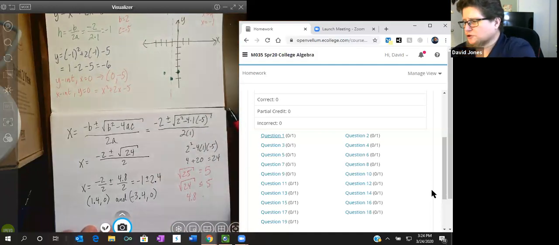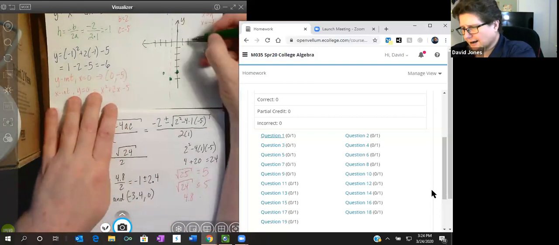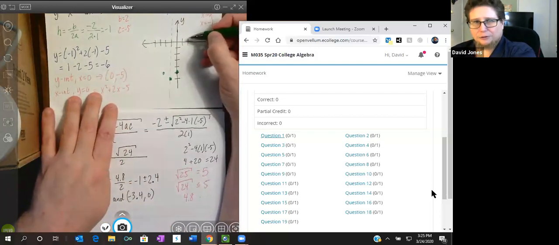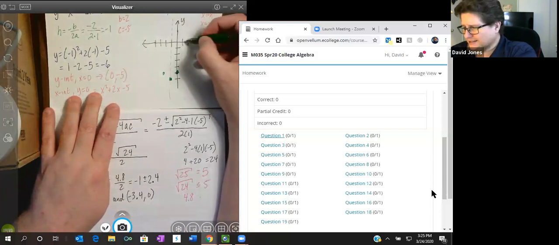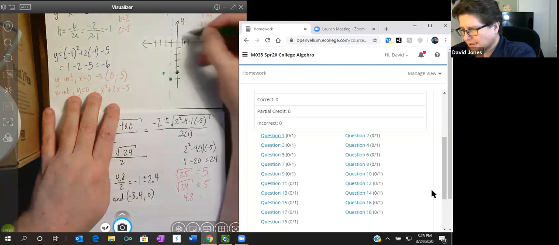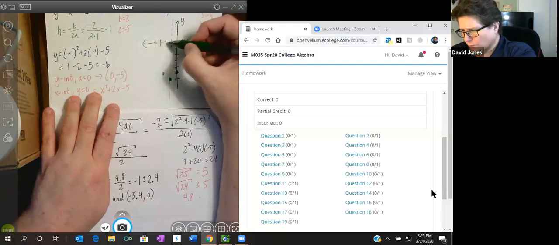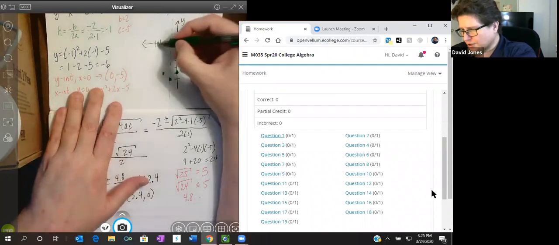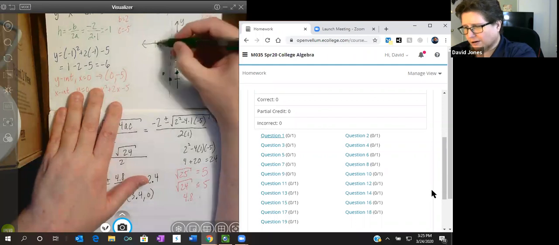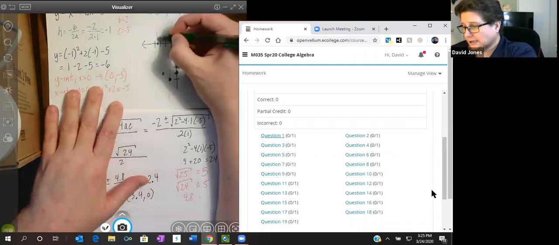That's why I was just estimating, because I can't plot the exact square root of 24 over 2 anyway. There's not enough detail, but I can get pretty close. 1.4 is about there. Negative 3.4, 1, 2, 3, 4. And you see they do look like they're mirrors of each other across the axis of symmetry.